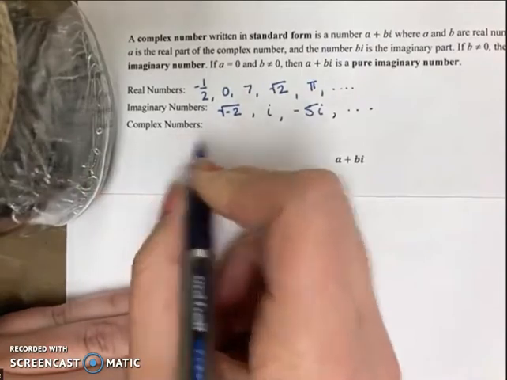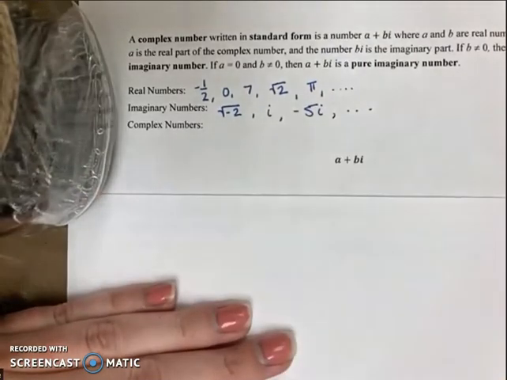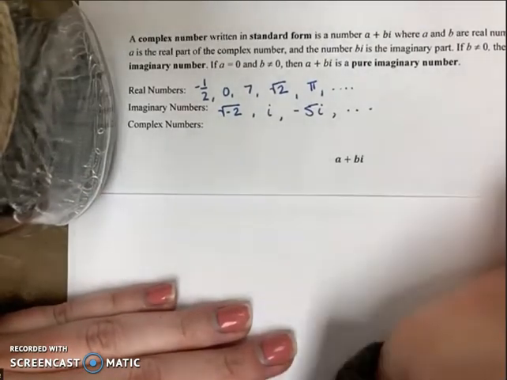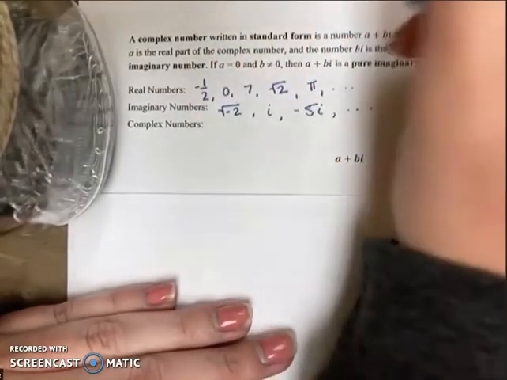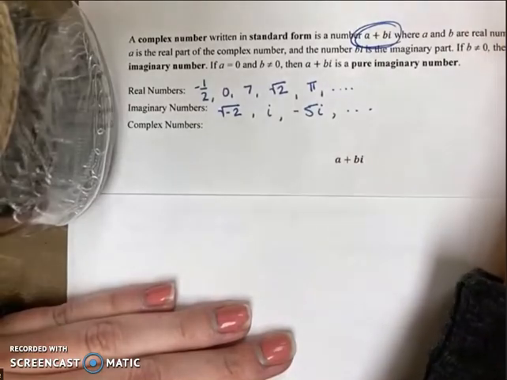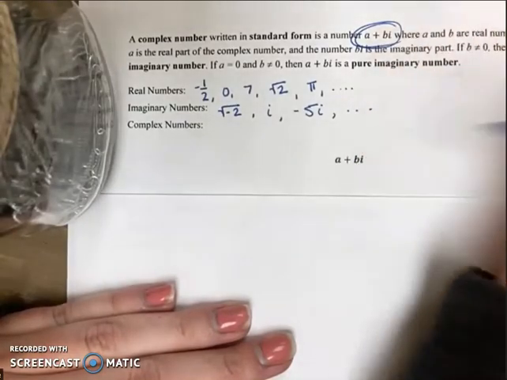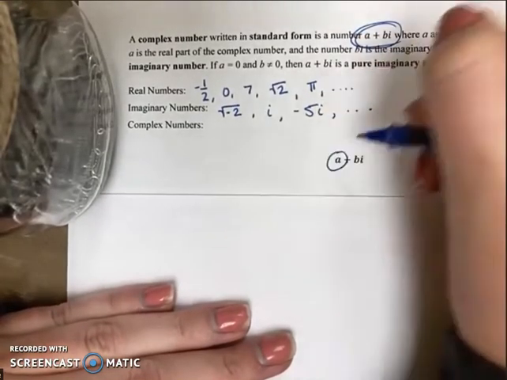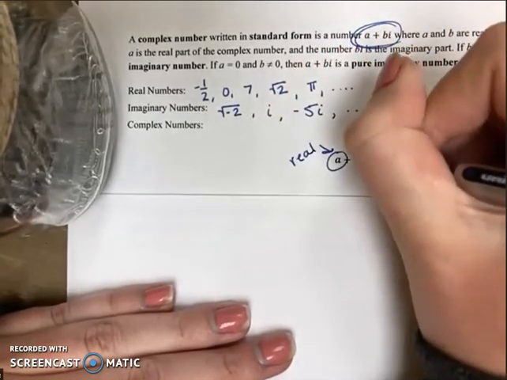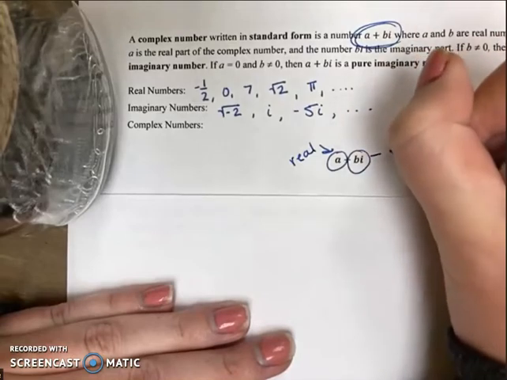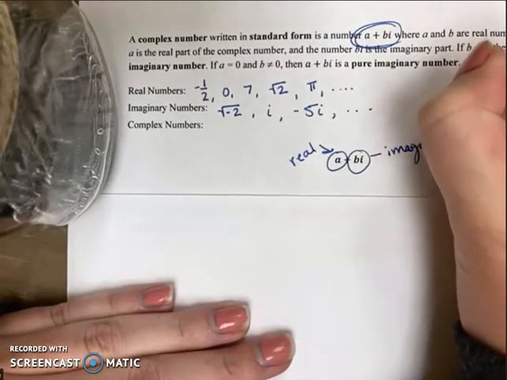A complex number, which is what we're going to be dealing with now, is a combination of real and imaginary numbers. Now this is in the form a plus bi, and that's what we see here as well. A represents the real part, and the bi represents the imaginary part.